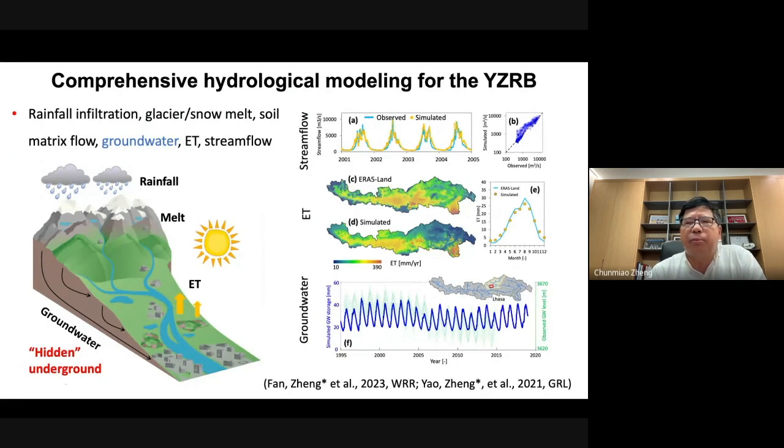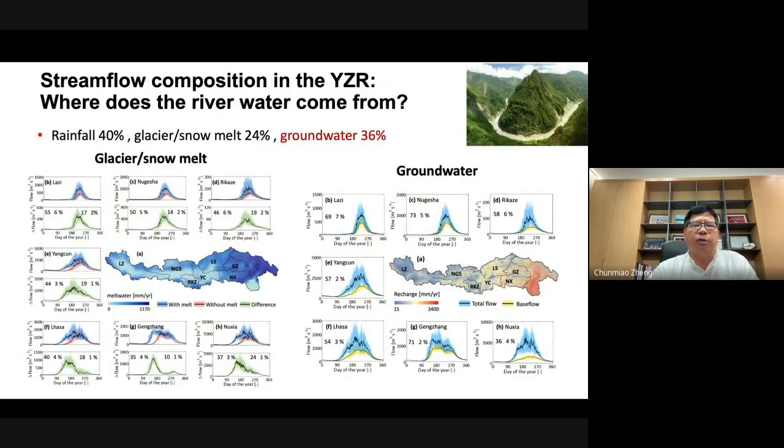It's quite a complicated effort. We have a model that accounts for groundwater, rainfall, surface water, glacial snow melt, evapotranspiration, and so on. Here are a couple of references published in WRR and Geophysical Research Letters. Then we built the model, calibrated the model, and conducted detailed analysis.